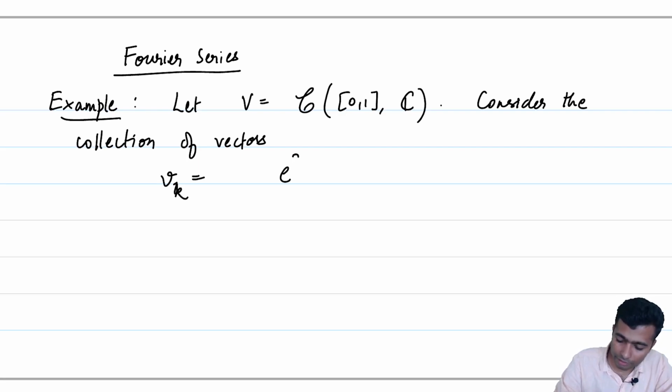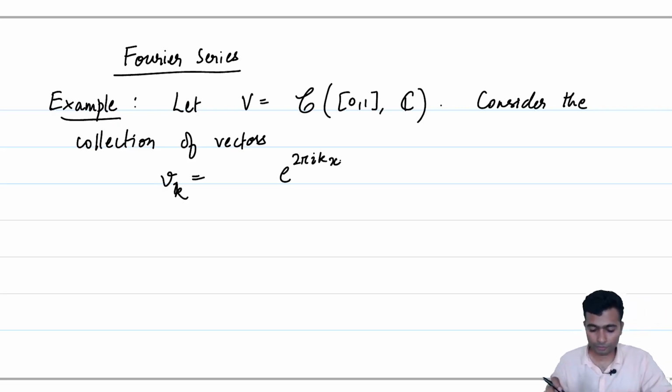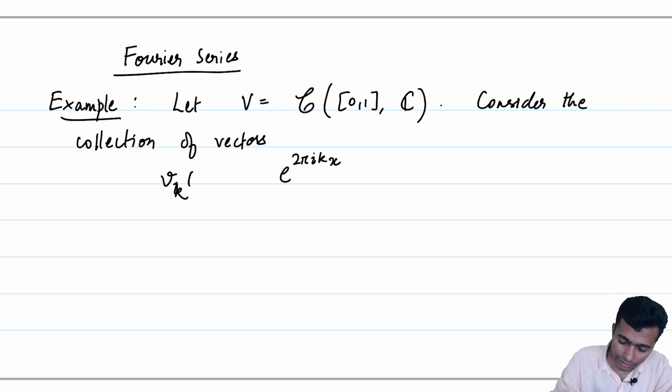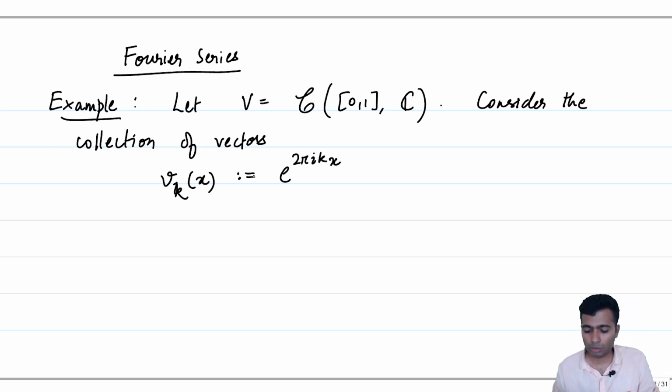This is just e to the power 2 pi i k x. So vk is a function, remember. So vk of x is defined to be e to the power 2 pi i k x.